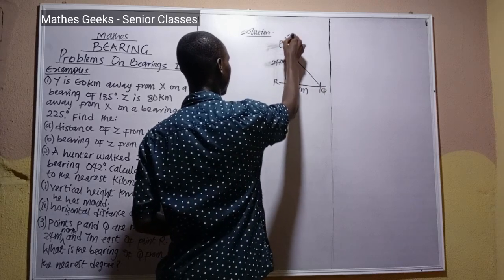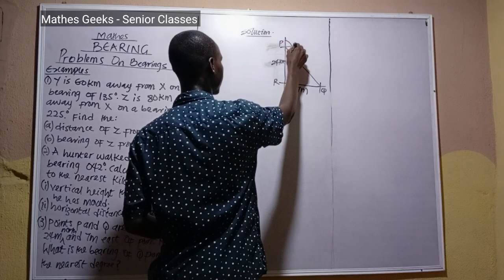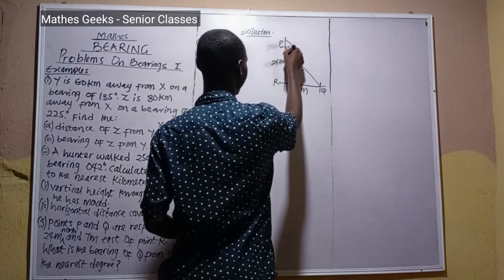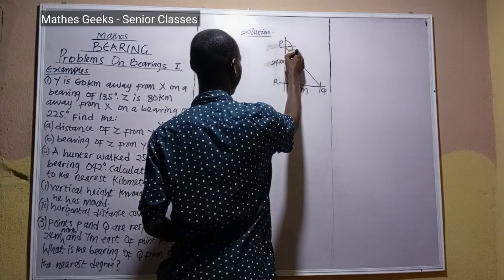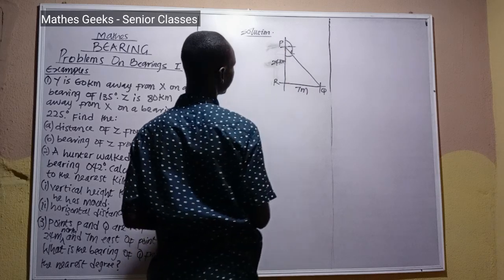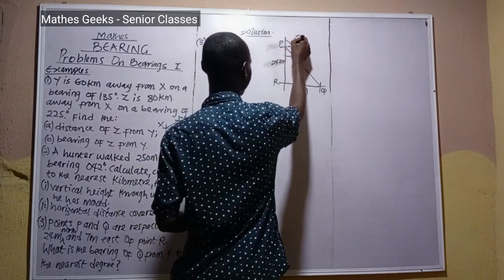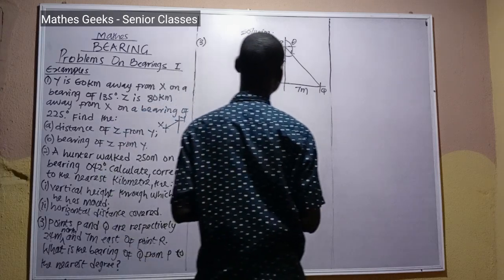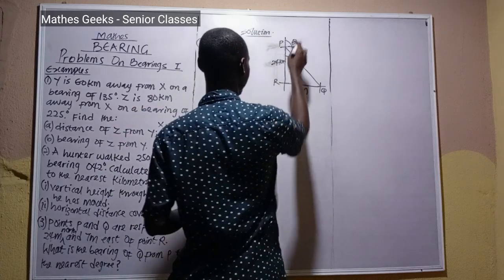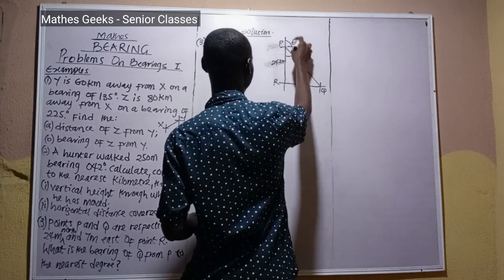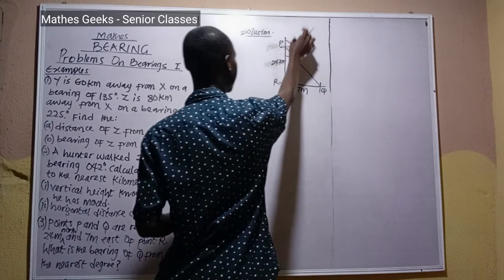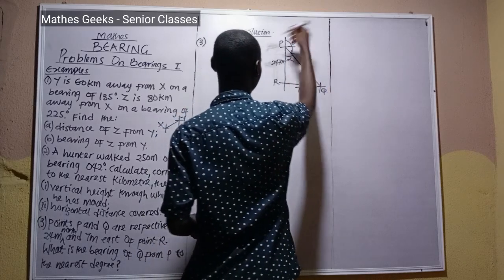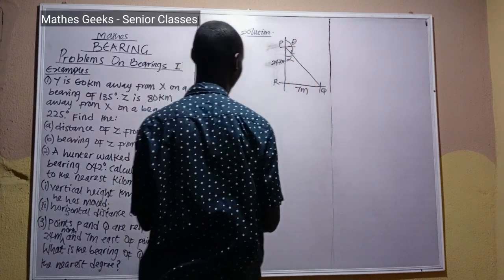So draw your angle, let it meet Q. Since this is northward, not southward, let's call this theta, which is the bearing of Q from P. We need to subtract this angle from 180 degrees to get theta, because both theta and, let's call this alpha, are angles on a straight line, or supplementary angles.